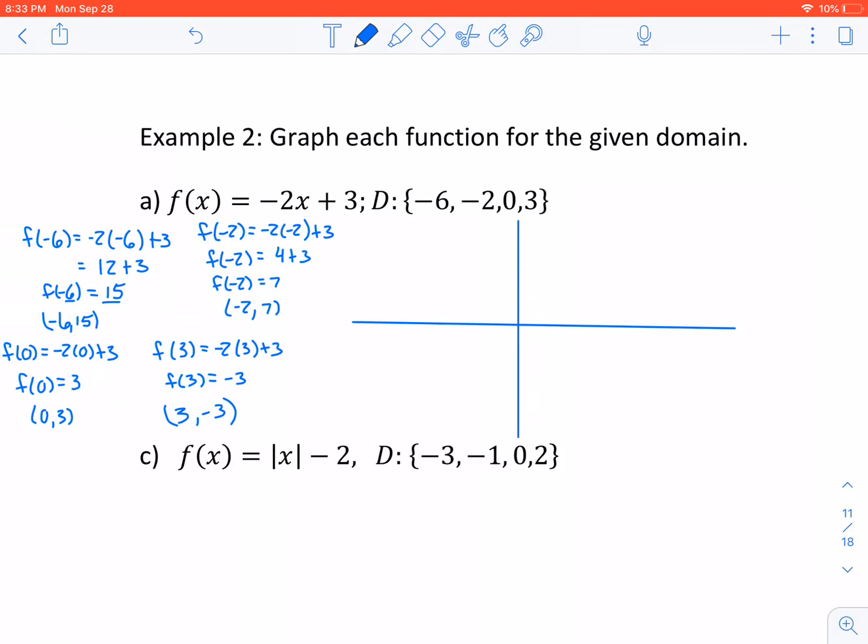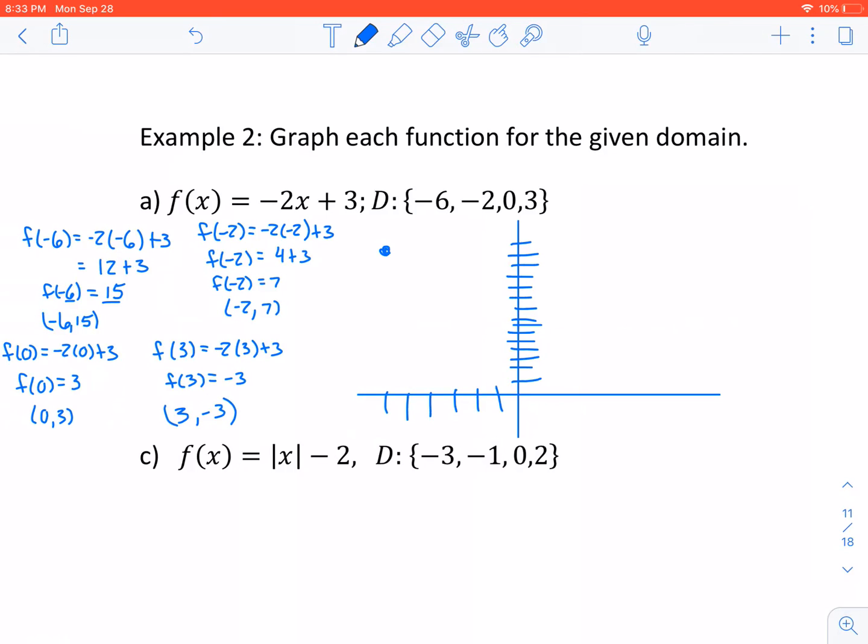Alright, so I get negative 6, 15. Oh boy, that's going to be really high. Let's start here. Clear up there.